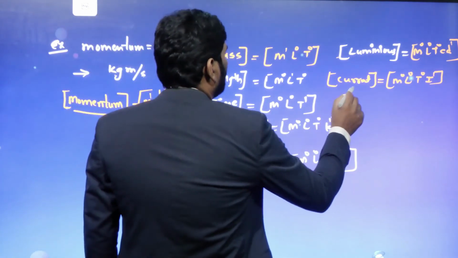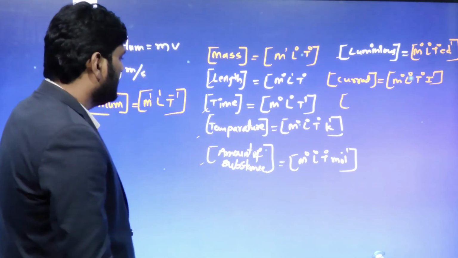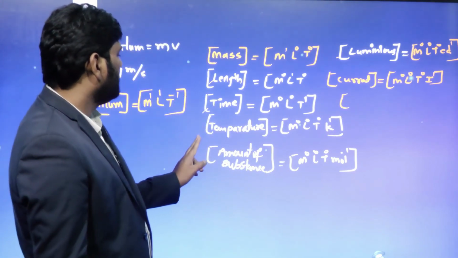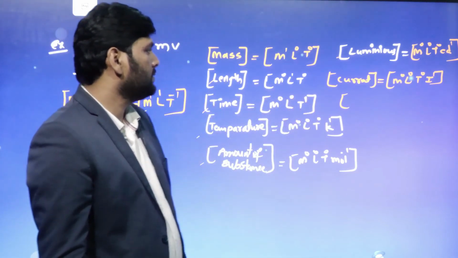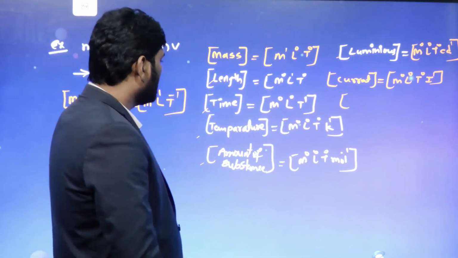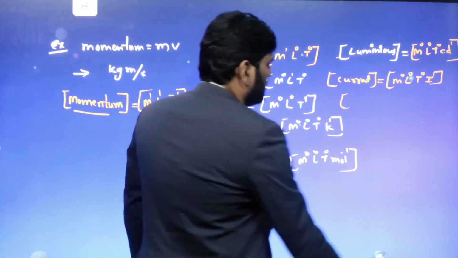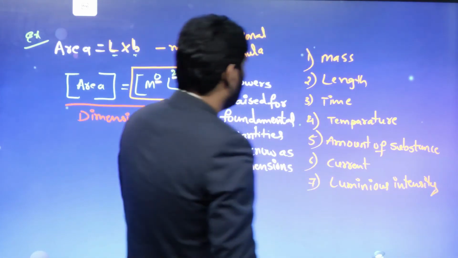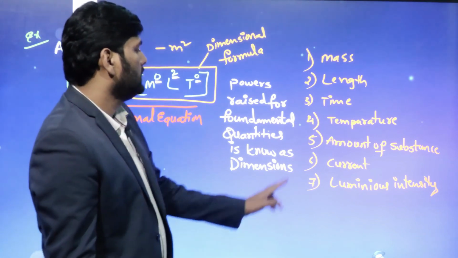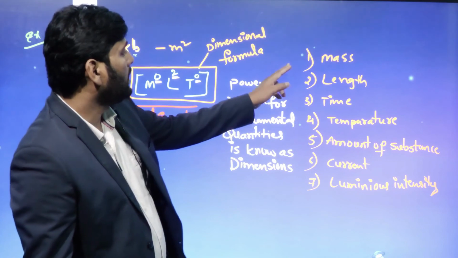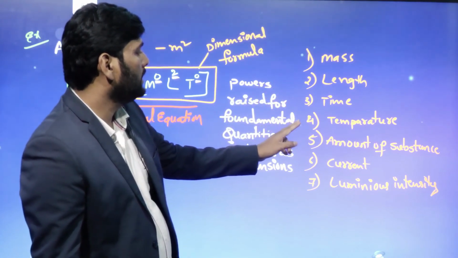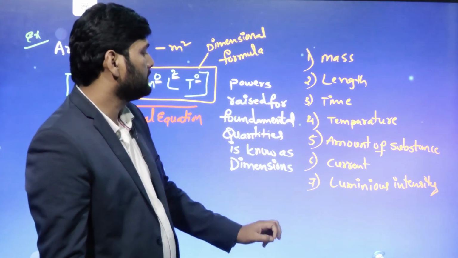And the last and final physical quantity. Is there any missed term? We completed amount of substance, luminous intensity, temperature. See once again, what are the terms we missed here? Current we completed, luminous intensity, mass, length, time, temperature, amount of substance.